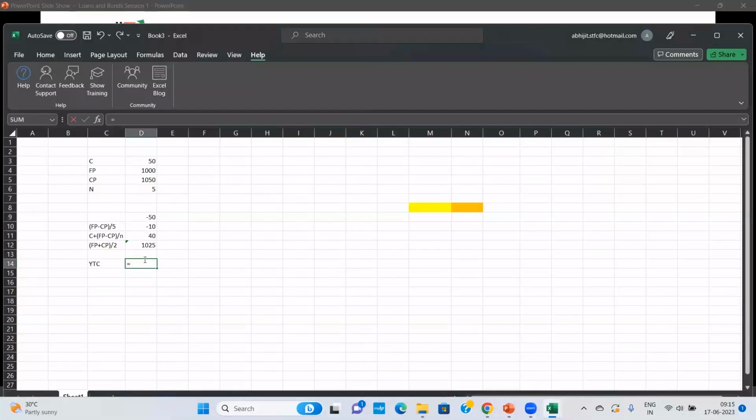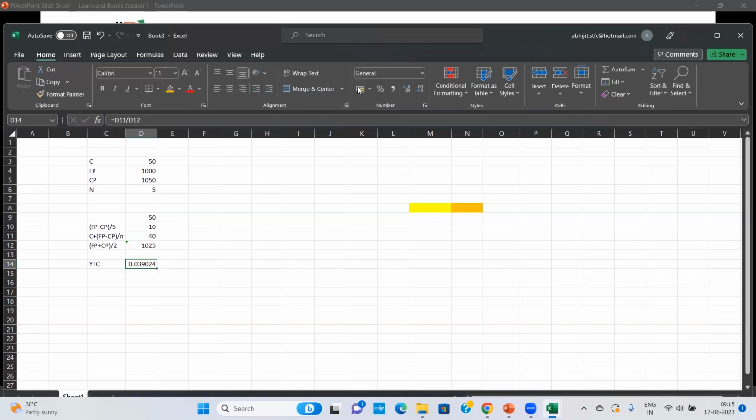That comes to 5. Now, if I convert it to percentage, my YTC is around 4%. It is 3.9%.